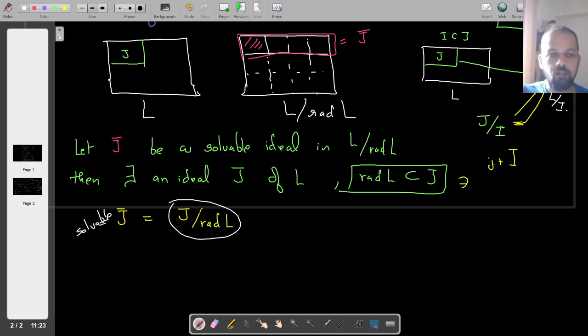Now we have done a result: if L by I is solvable and I is solvable, then J is solvable. So by using the previous lemma, we can conclude that J is solvable, because the quotient is solvable. Radical L is always solvable because it's the largest solvable ideal. So J is solvable.